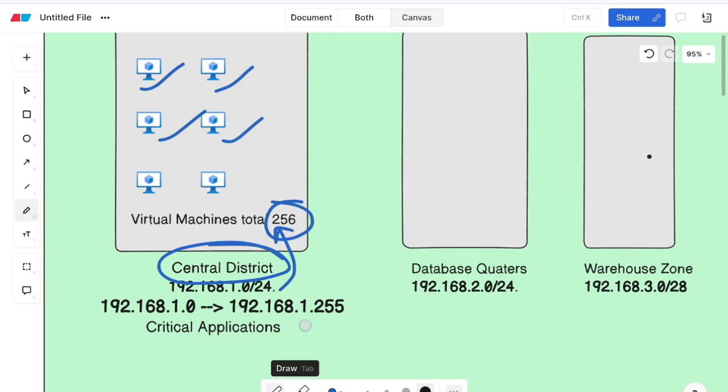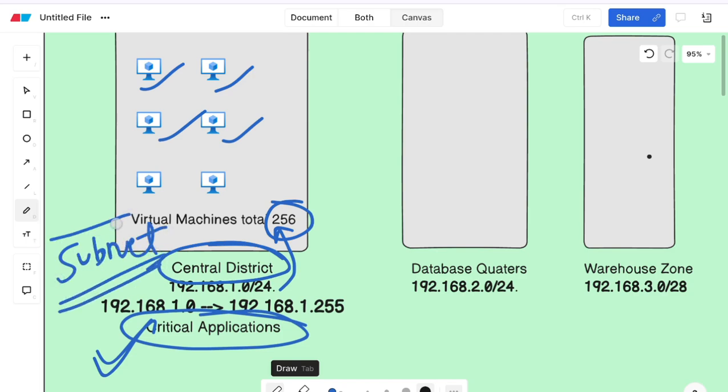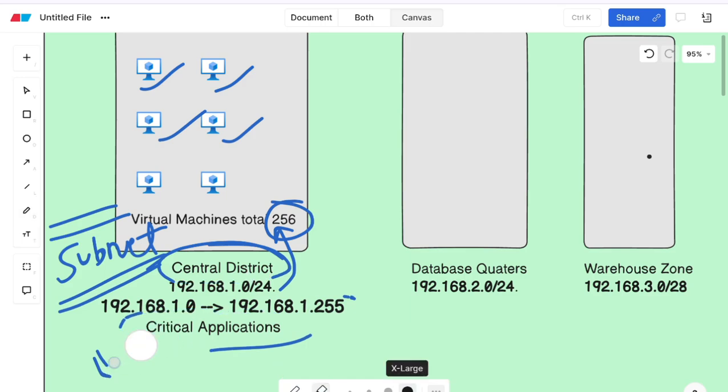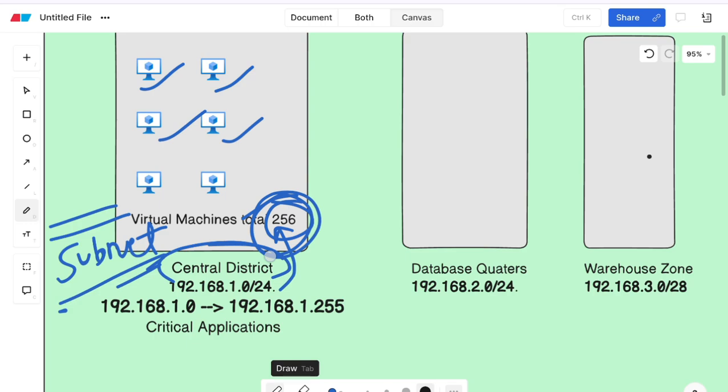This central district had critical appliances, so all the critical appliances he kept in a subnet. Inside this subnet, the range 192.168.1.0 to 192.168.1.255 means 256 unique IP addresses can be assigned, and these are isolated.